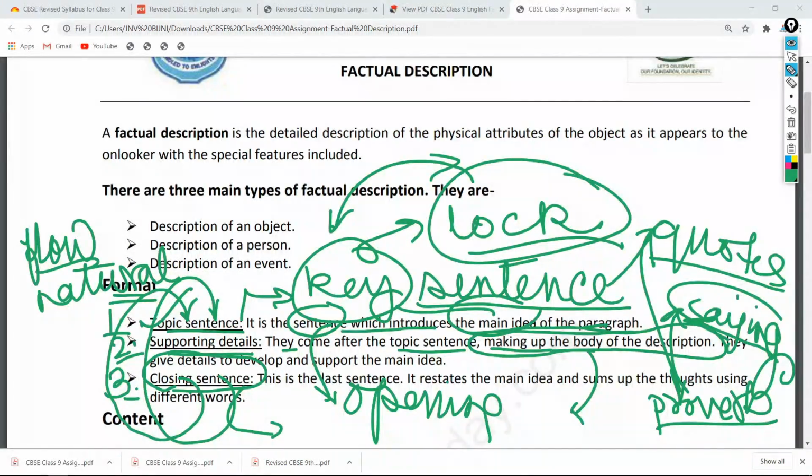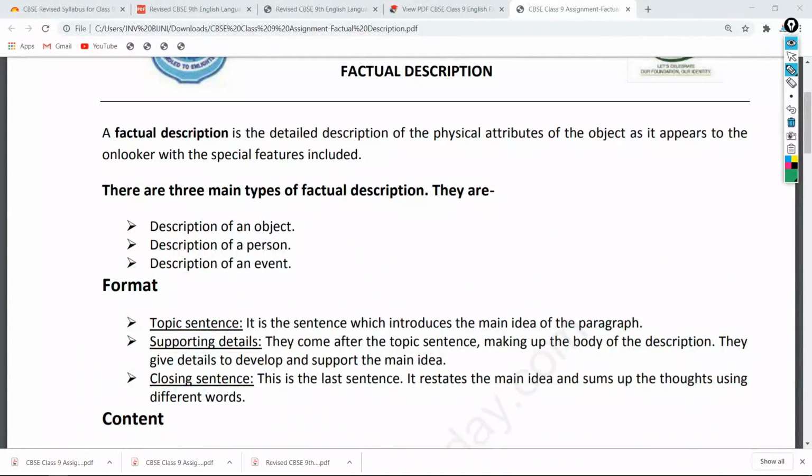Therefore, the closing sentence of the paragraph or the factual description is the last sentence, and it restates the main idea, means it reiterates and re-establishes the main idea that was given in the topic sentence, and it sums up the particular thoughts using different words.